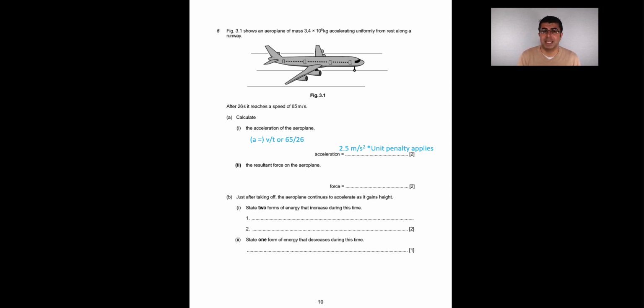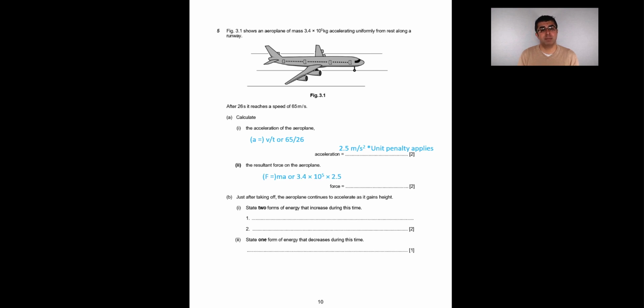Now, the big mistake here was a lot of people wrote 2.5 meters per second, but forgot the squared. Meters per second is for velocity or speed. Meters per second squared is for acceleration. Calculate the resultant force on the aeroplane.